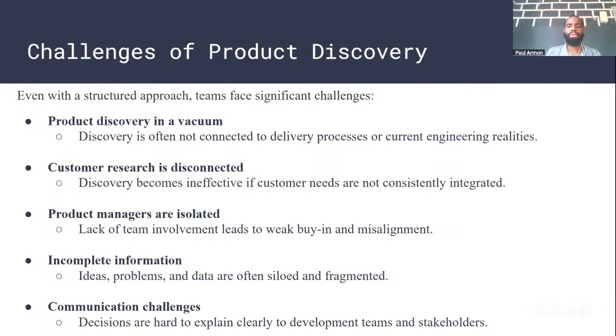If information goes from one person to another, it tends to morph and change over time. If the information is not explained clearly, and there is no buy-in from everybody, people understand differently what they are doing and tend to build the wrong thing that's not going to benefit your end users.